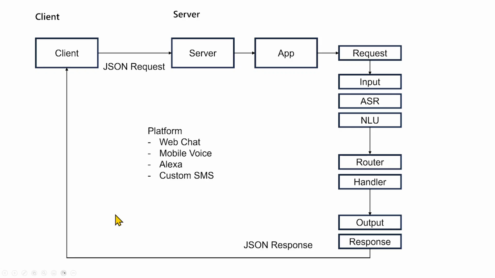So if we go back to our from-scratch example, we've talked about the platform and how a server can handle multiple different platforms. And this request is a platform-specific request, and this response is a platform-specific response.